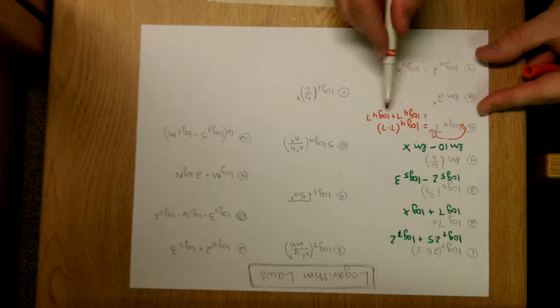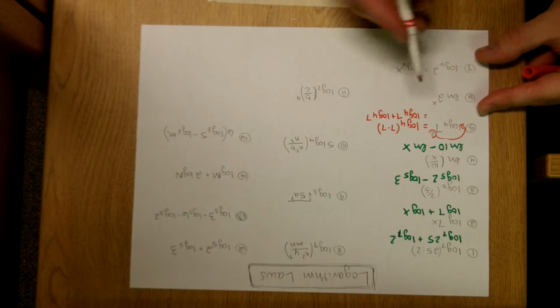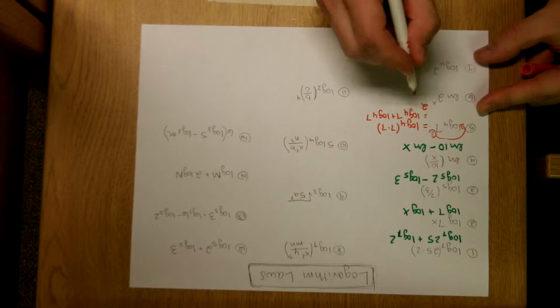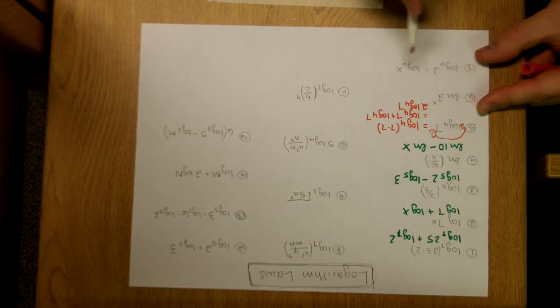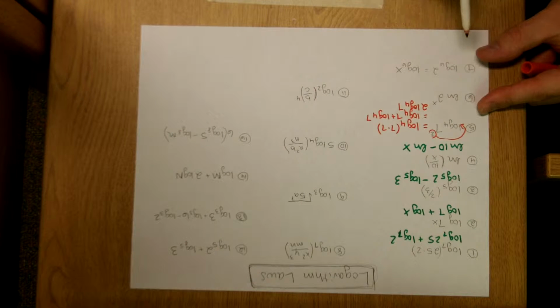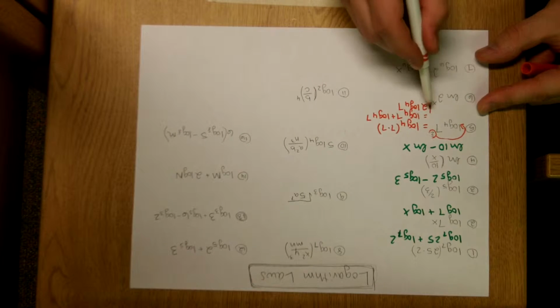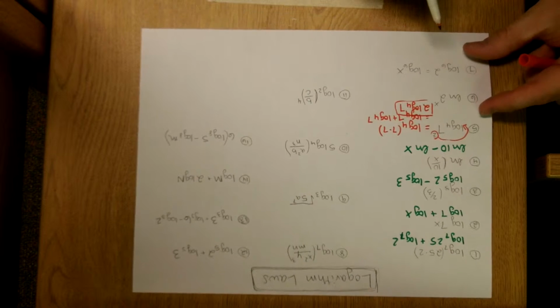Well, we have two of these, so we could just say it's 2 times log base 4 of 7, which is the same as dropping down that 2 in front. So we're going to use that rule a lot.